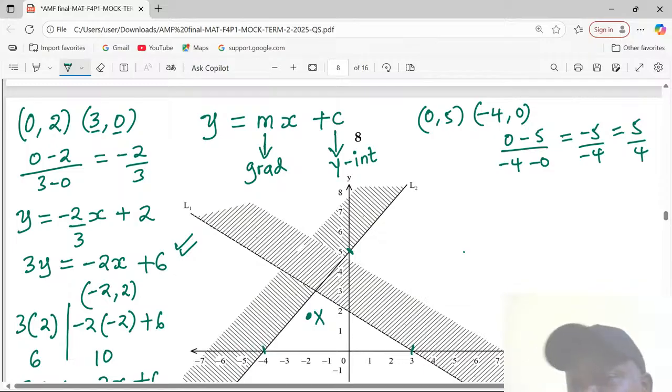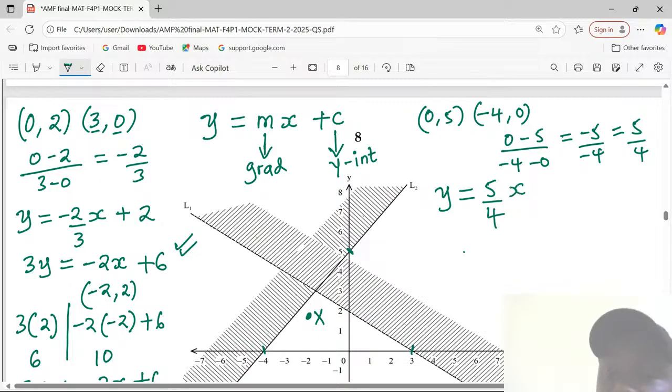Okay, now with this particular gradient, we need to go direct to the equation. Reason being, we have the gradient and we have the y-intercept for this line, so there is no need to calculate the equation. We write y equals the gradient 5 over 4 x plus the y-intercept, which is 5.